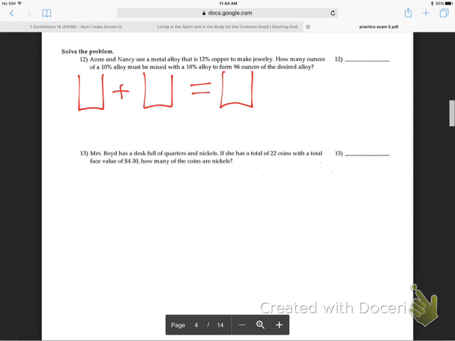I think you do number 7. All right, so we have the buckets. On the bottom go the percentages, and on the top go the amounts. So put the 3 percentages on the bottom: 12%, 10%, 18%. That's wrong.